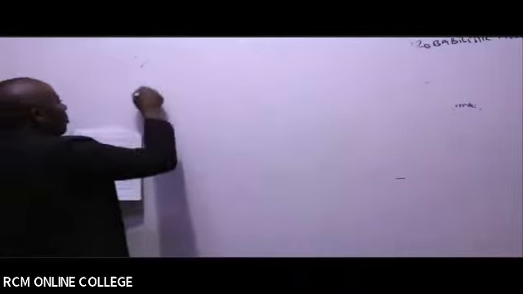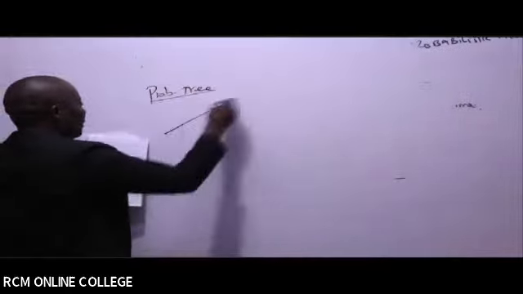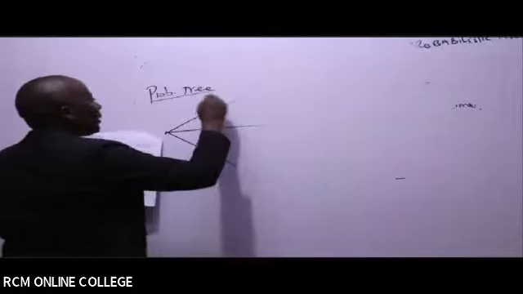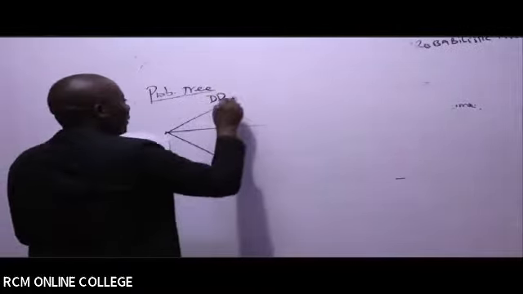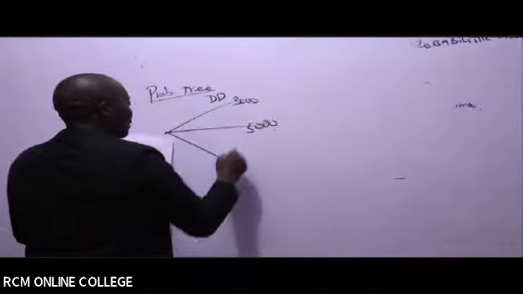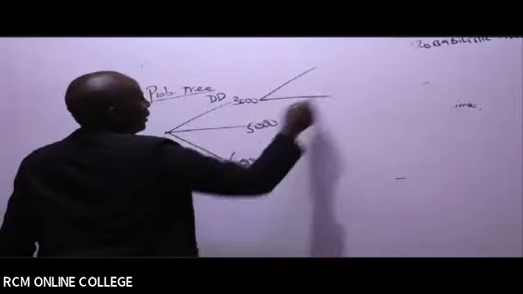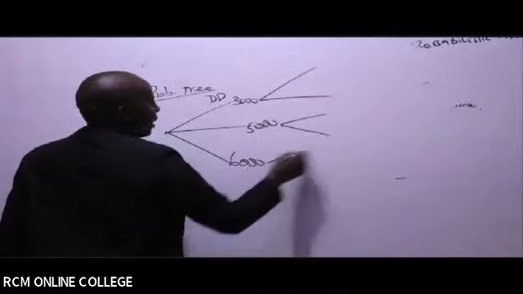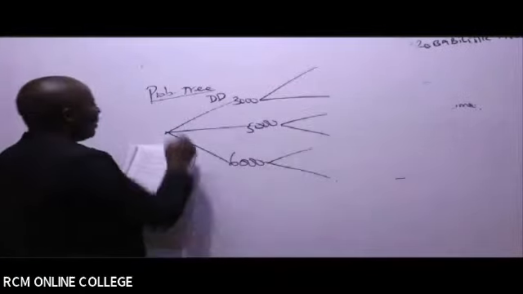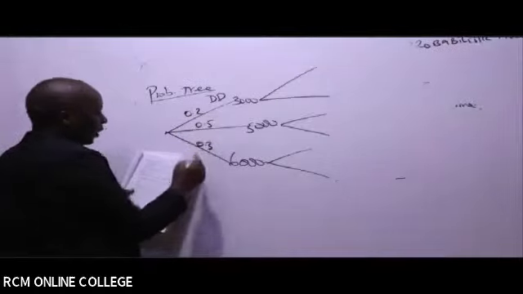So we have our probability tree, something like this. We have demand, which could either be 3,000, 5,000, or 6,000. And then we have the lead time. These demands, they have given us probabilities: 0.2, 0.5, 0.3.